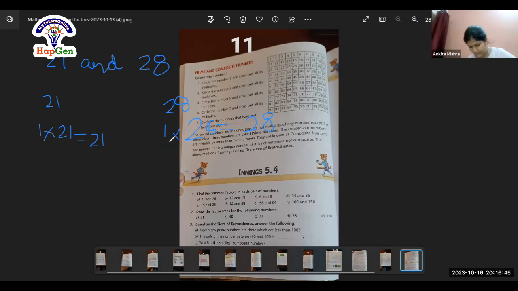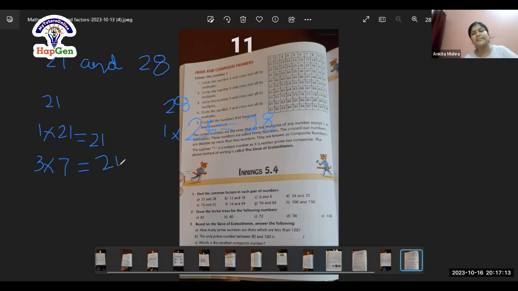And let's go with the table of 7. 7 ones are 7, 7 twos are 14, 7 threes are 21.